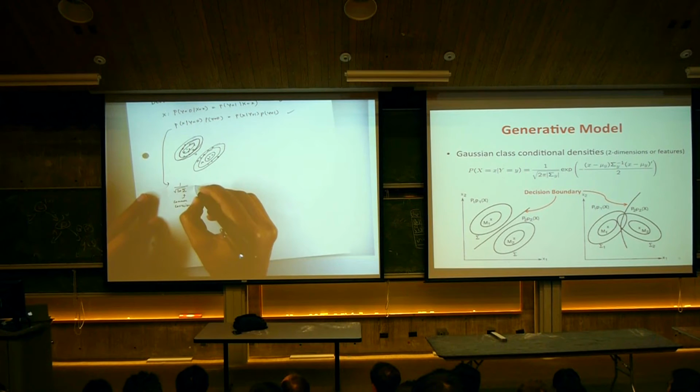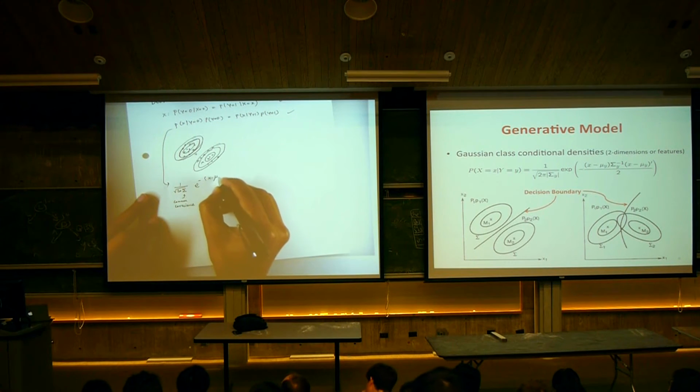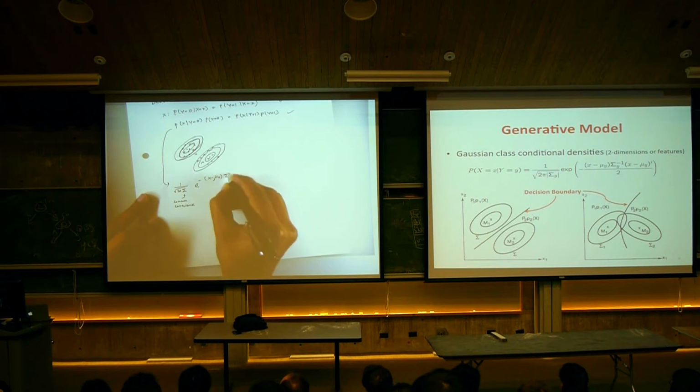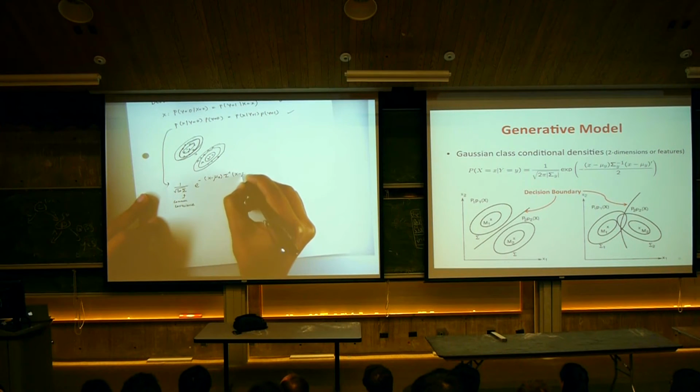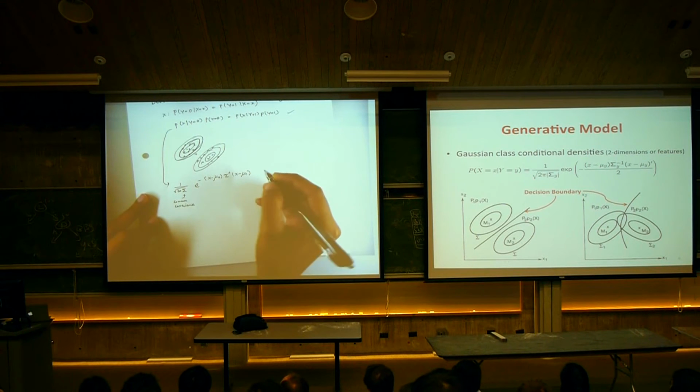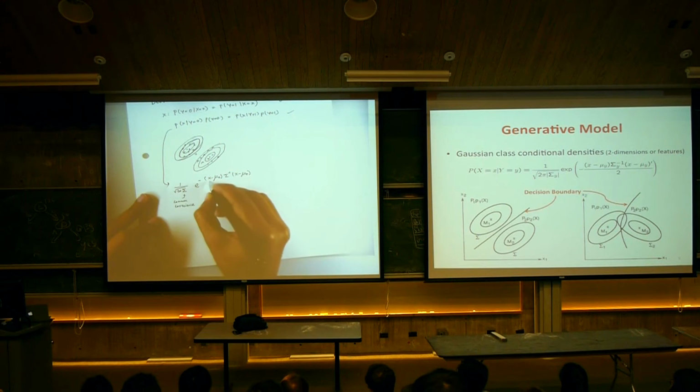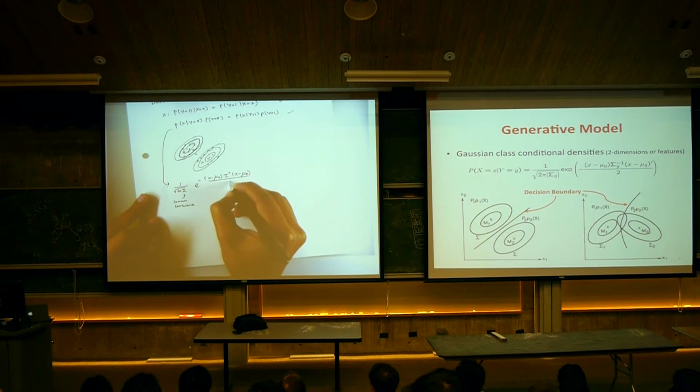And then we have the exponential term here. The means are still going to be different under the two classes. So this is x minus the mean under class 0, times sigma inverse, again dropping the subscript, times x minus mu naught, transpose, over 2.